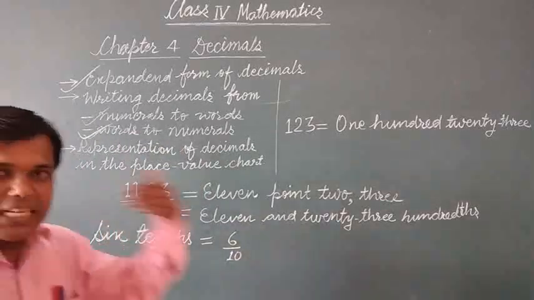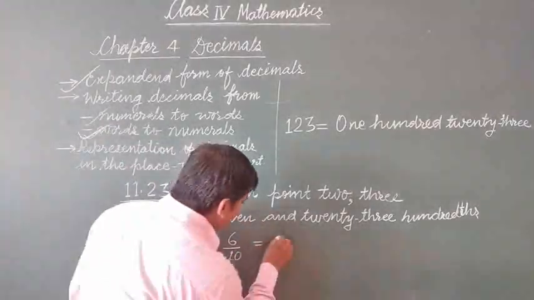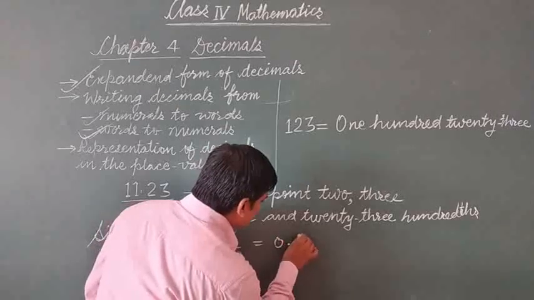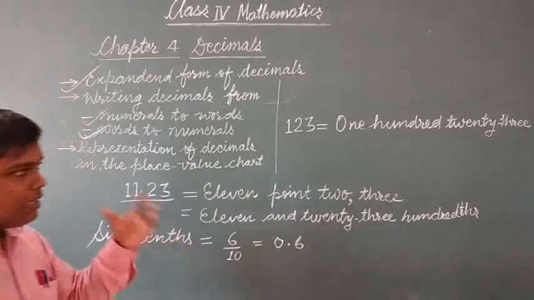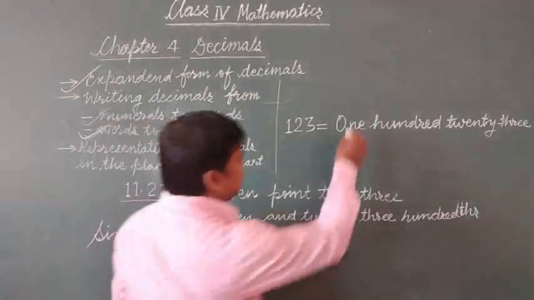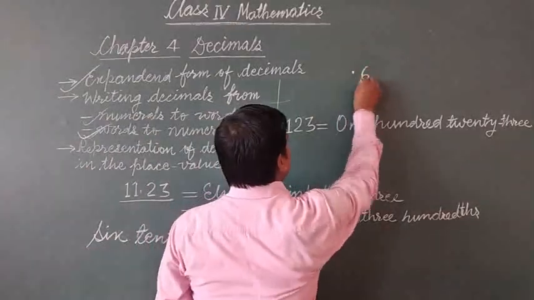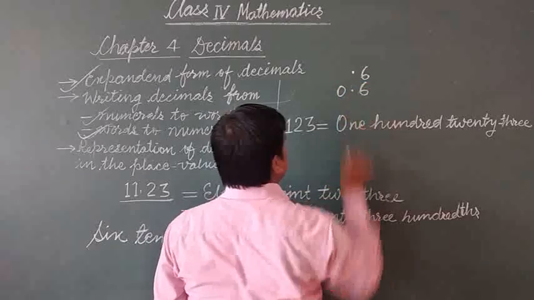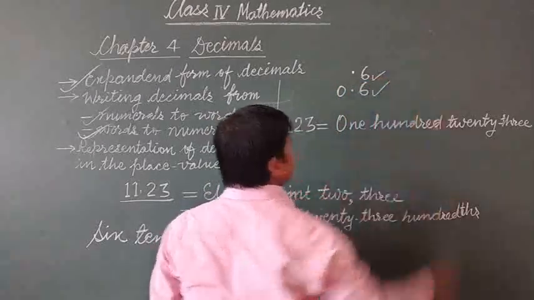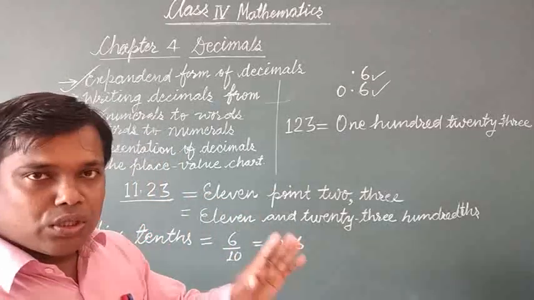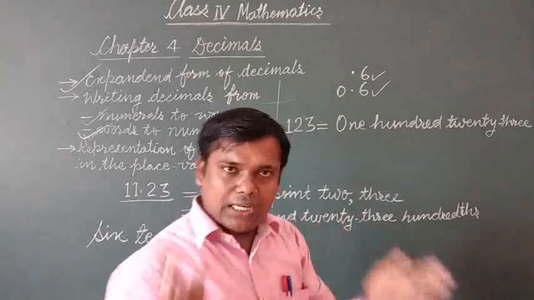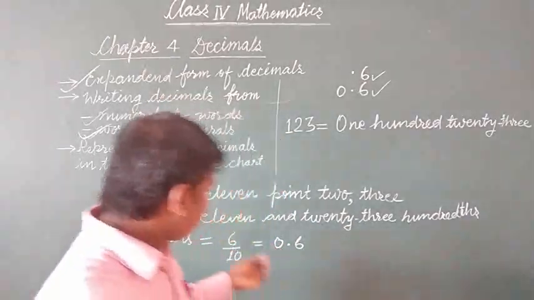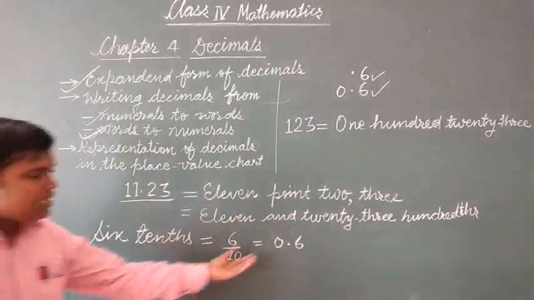But if you have to write in decimal, you will write 0.6. I have also discussed with you that there is no difference between .6 and 0.6. These both are same. So do not confuse if it is written .6 or 0.6. Both are same.